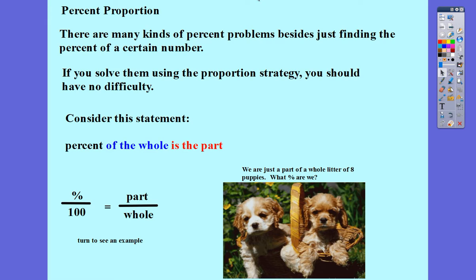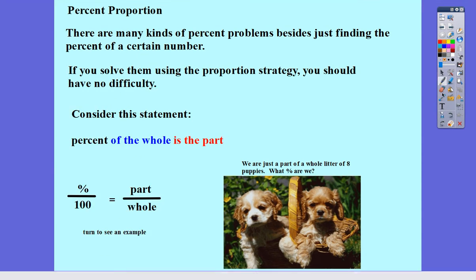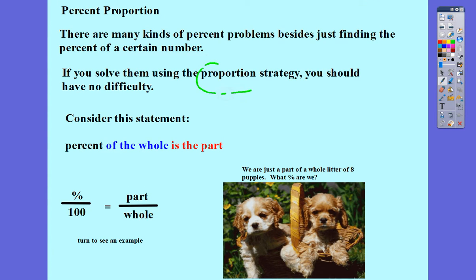So there's many kinds of percent problems besides just finding the percent of a certain number. If you solve them using the proportion strategy, you should have no difficulty. So the whole key here is relating this back to a proportion.